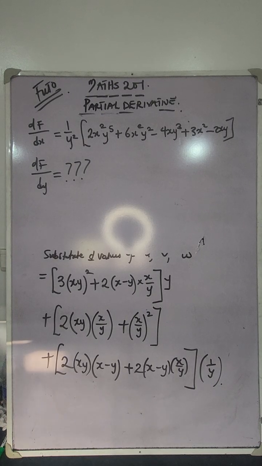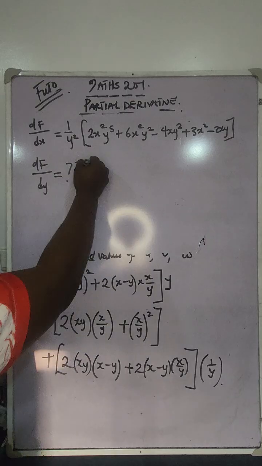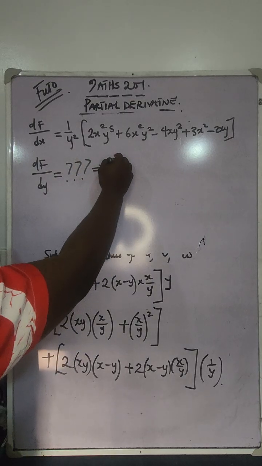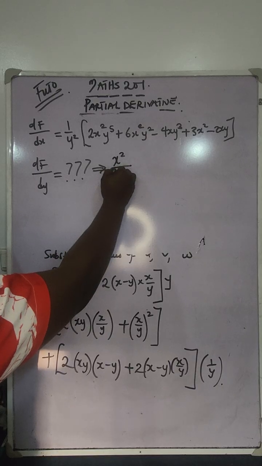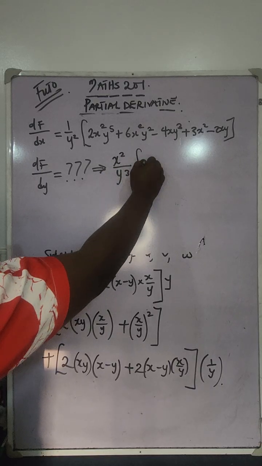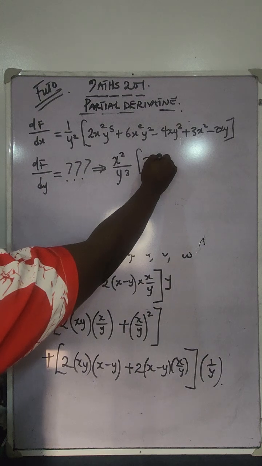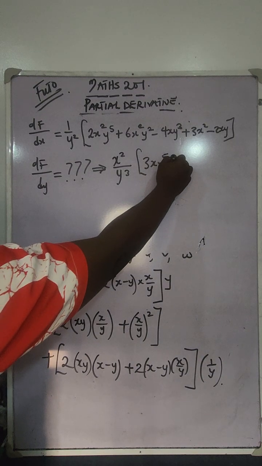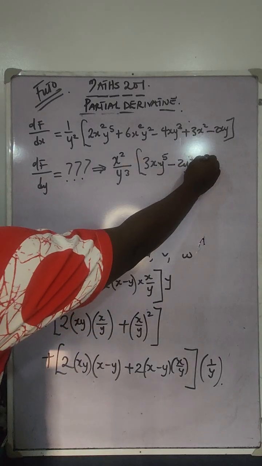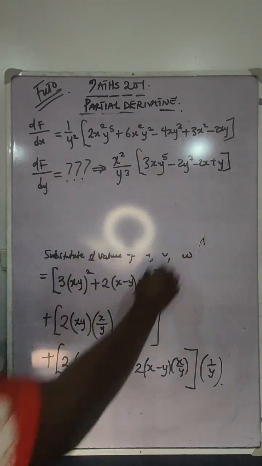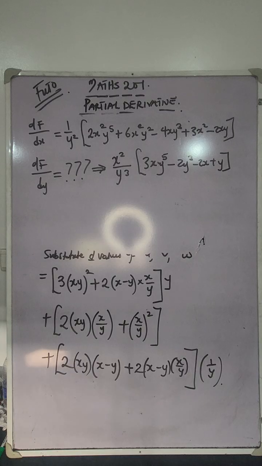At the end of your calculation for df/dy, you should be having something like x squared over y to the power of 3 into bracket 3xy to the power of 5 minus 2x to the power y to the power of 3 minus 2x plus y. Feel free to try that out.